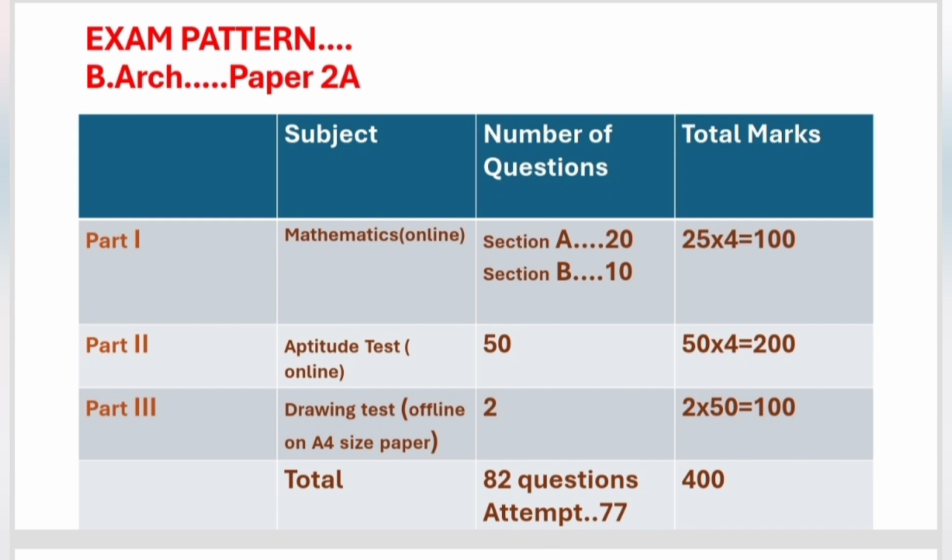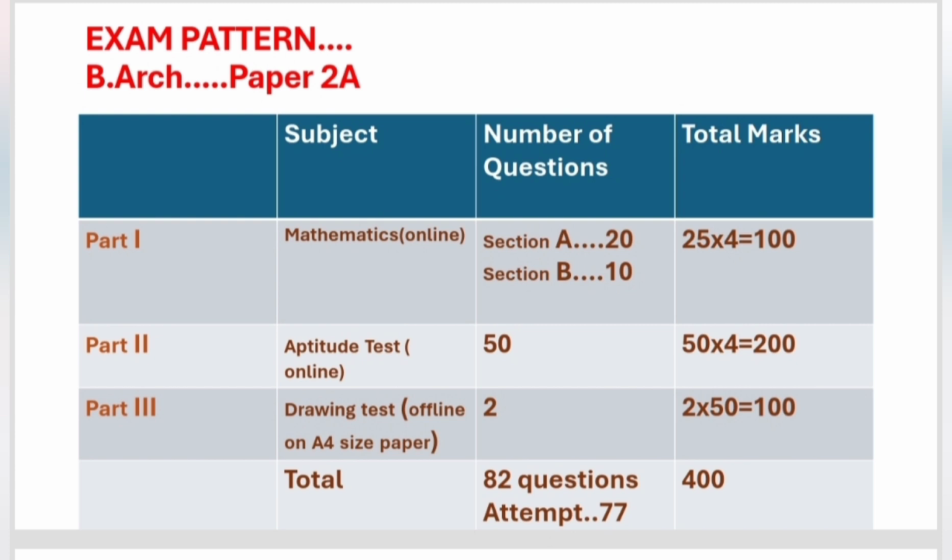So totally 25 questions you have to attempt, 25 into 4 marks. Part 2 is the aptitude test. This is also an online exam. 50 questions will be asked, each question carries 4 marks, so 200 marks.